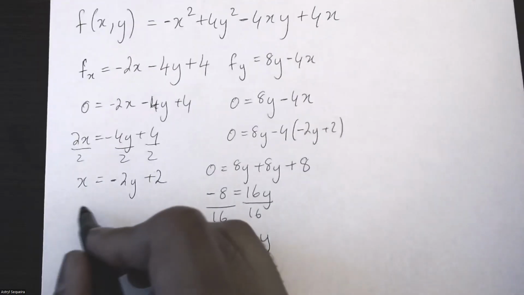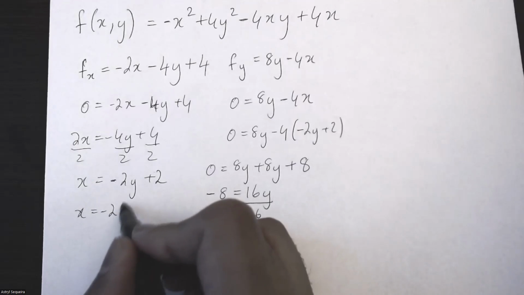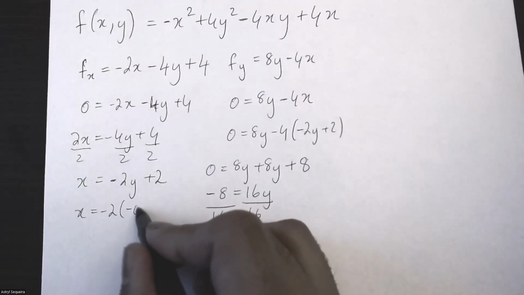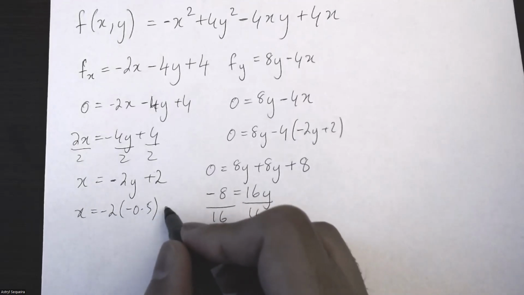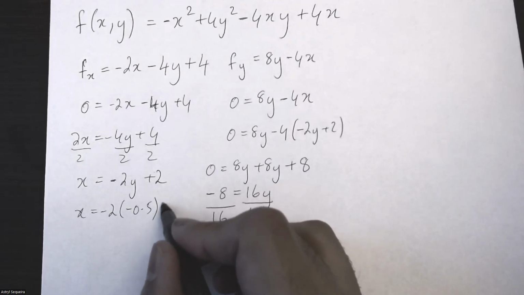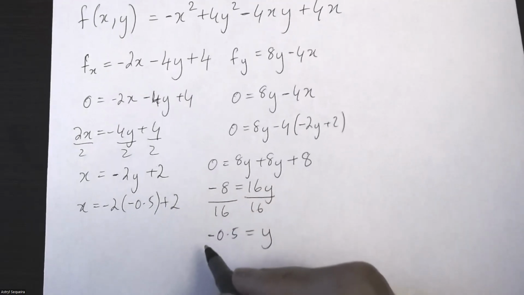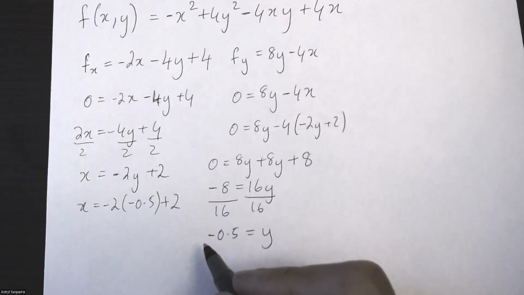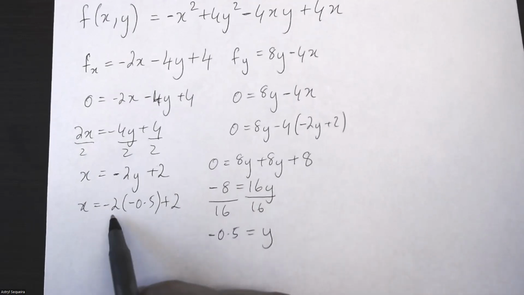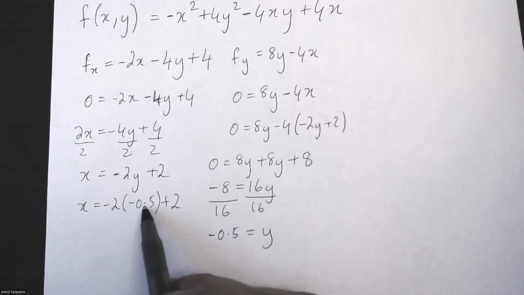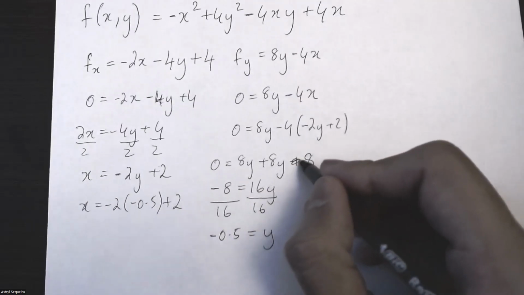I'll sub that in here to find my x. So x equals negative 2 times negative 0.5 plus 2. Negative 2 times negative 0.5 is, oh, I made a mistake here.